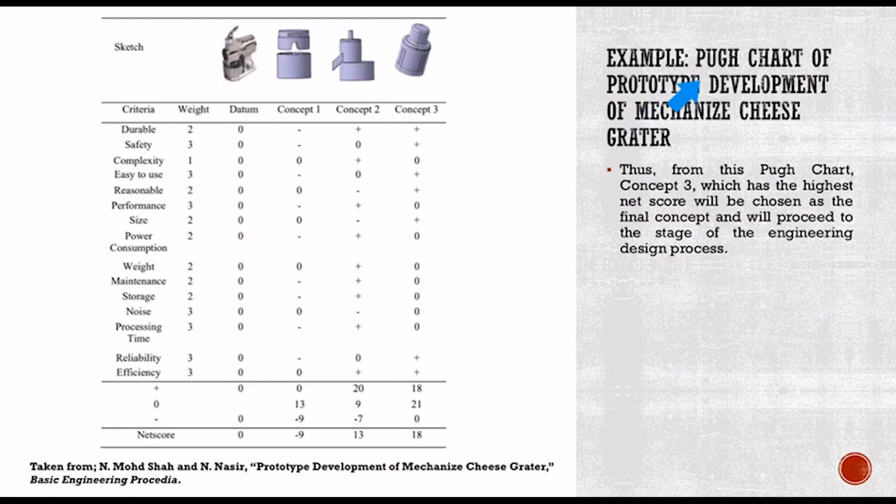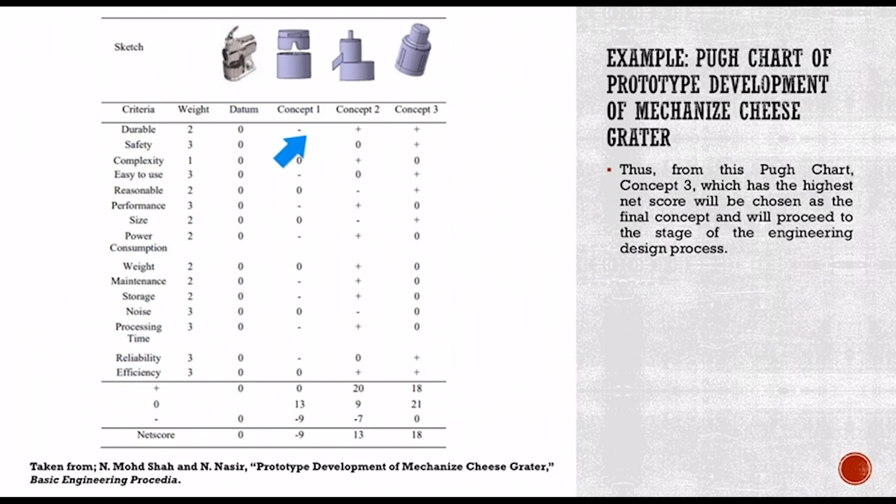So this is another example taken from N. Muhammad Shah and Nasir, prototype development of mechanized grease cutter, basic engineering procedure. So as you can see here, there is criteria. There is 1, 2, 3, 4, 5, 6, 7, 8, 9, 10, 11, 12, 13, 14, 15 criteria here.